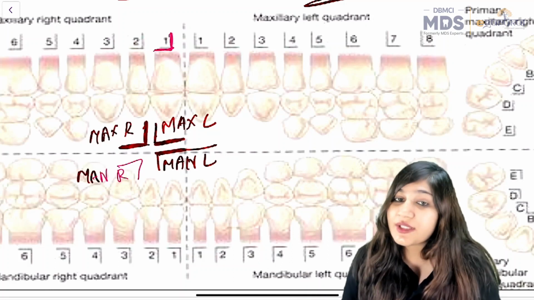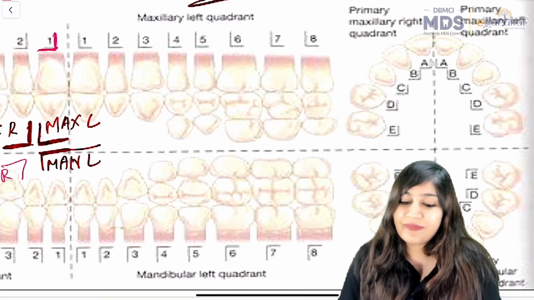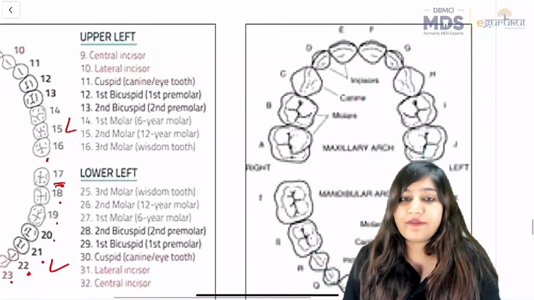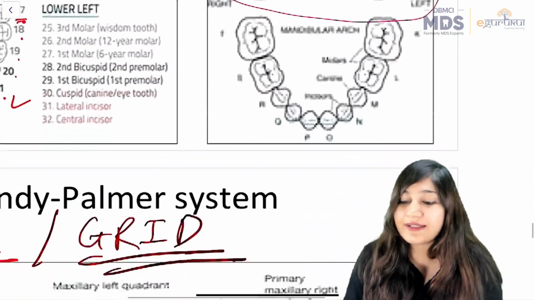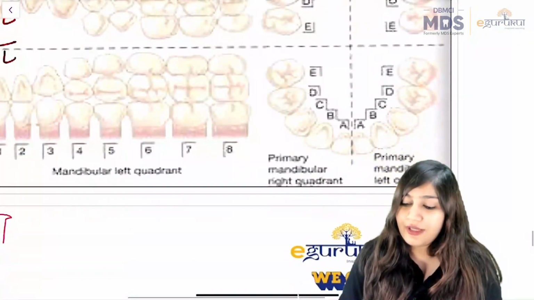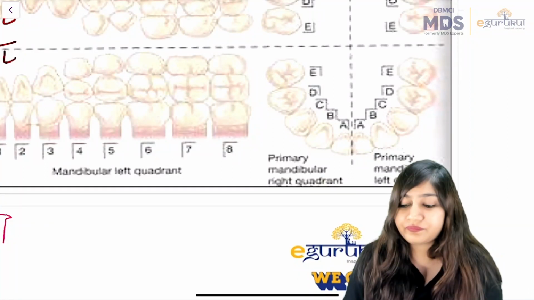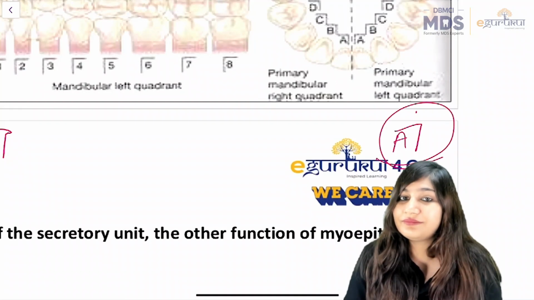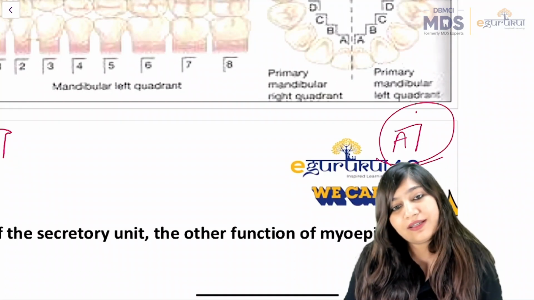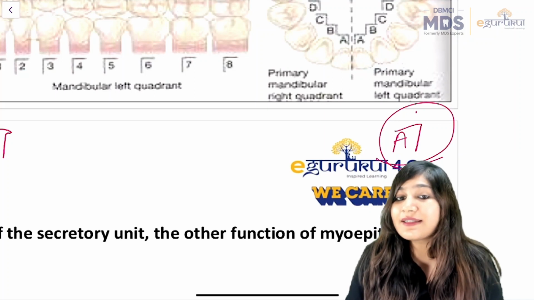And for deciduous teeth, they are written in alphabets. Same for universal system we have alphabets for deciduous teeth. So if we have A, then it will be what? Mandibular right central incisor, but this is deciduous.